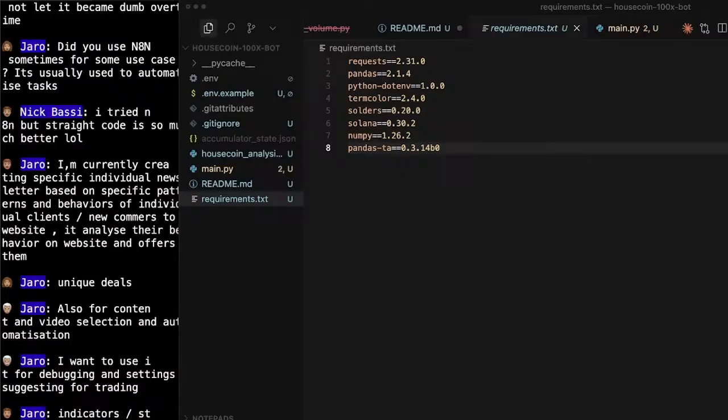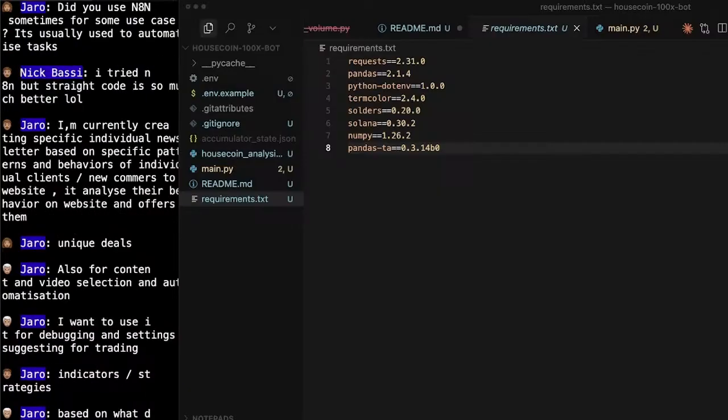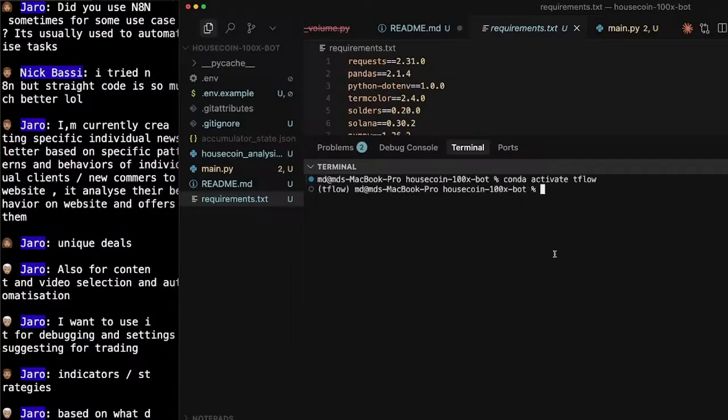The README now makes it crystal clear this is not financial advice, just your wild experimental idea that you're building in public. Okay, so let's go ahead and get this up to the GitHub. New terminal. Git add dot, git commit -m housecoin.